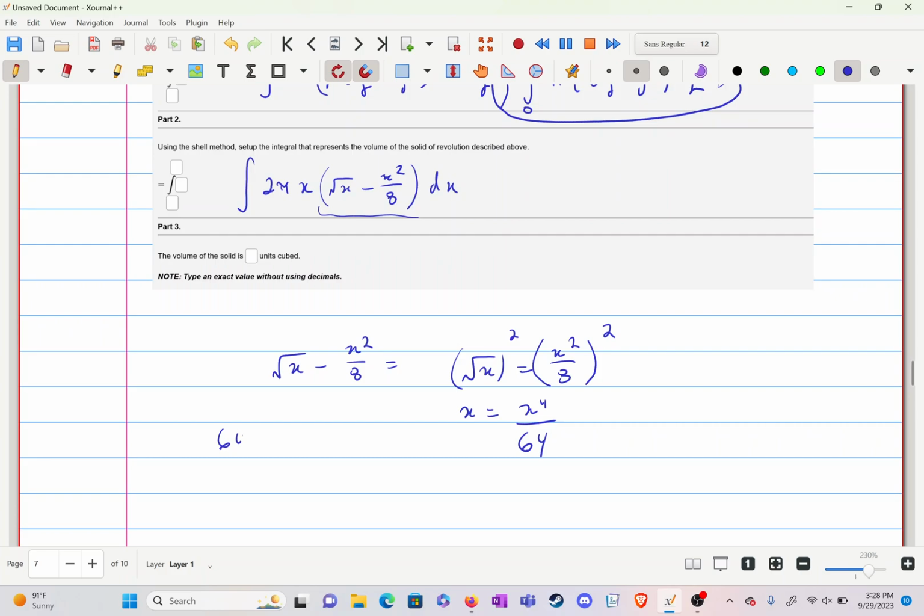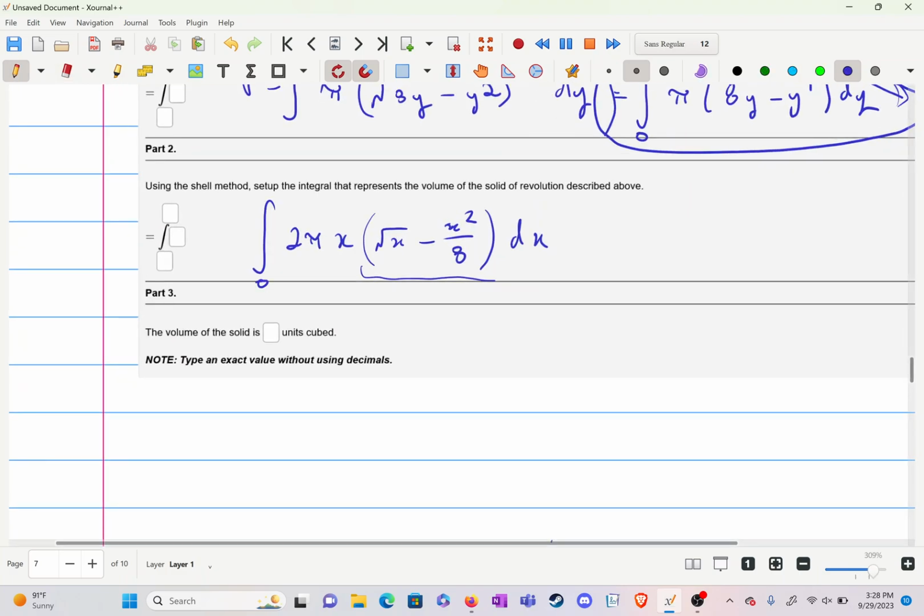Now we put that 64 over to the side, and we take the fourth root. And that's just going to give us 4 equals x. Boom. There we go. And we know the other bound is 0 because we took out an x. So 0 to 4. Just like that, we've got part 2 done.